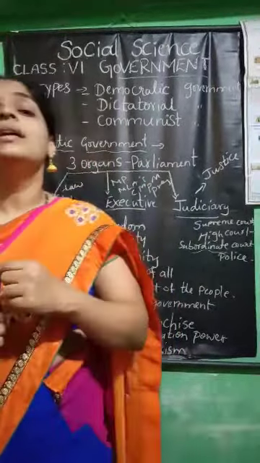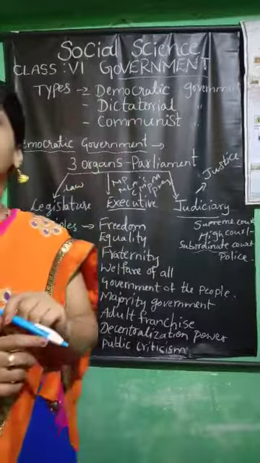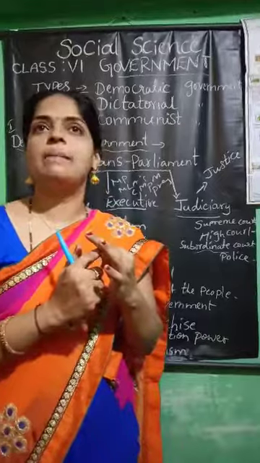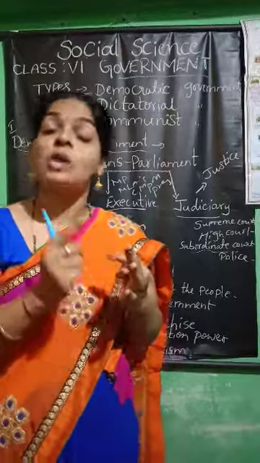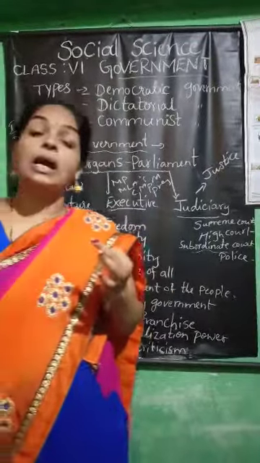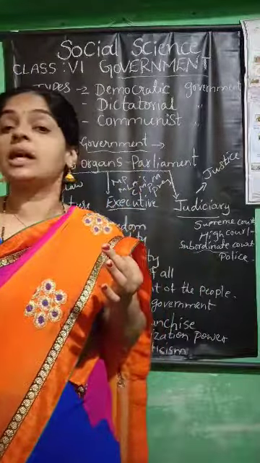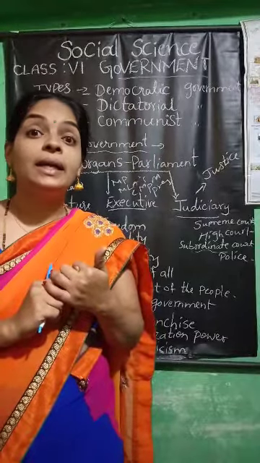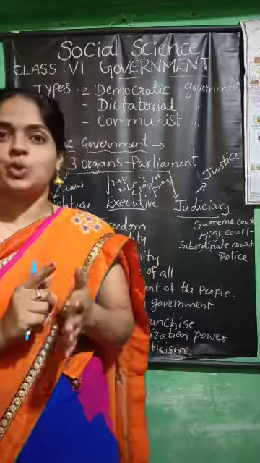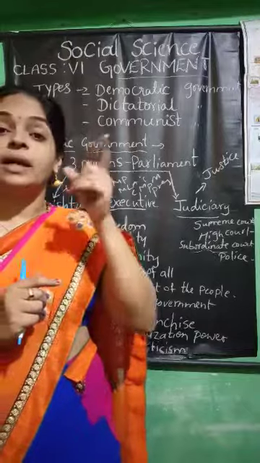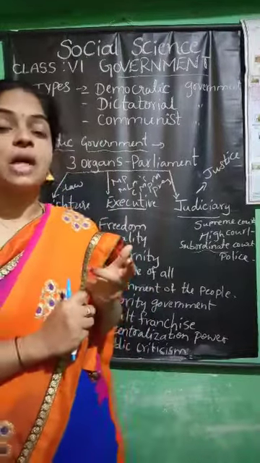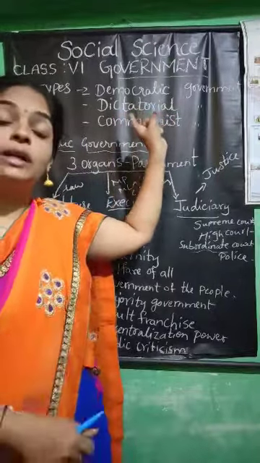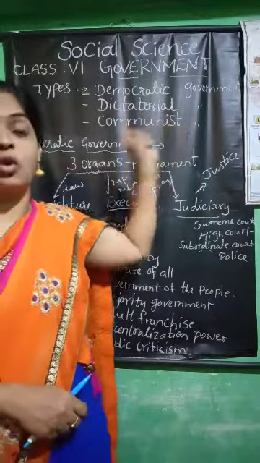Then secondly, dictatorial government. Dictatorial government means here only a single party and single ruler. For example, in Germany there was Hitler during the time of the World War. First and Second World War happened, isn't it, children? In 1918, the First World War was started. It was because of Hitler, because during that time Hitler was ruling like a dictatorial government.